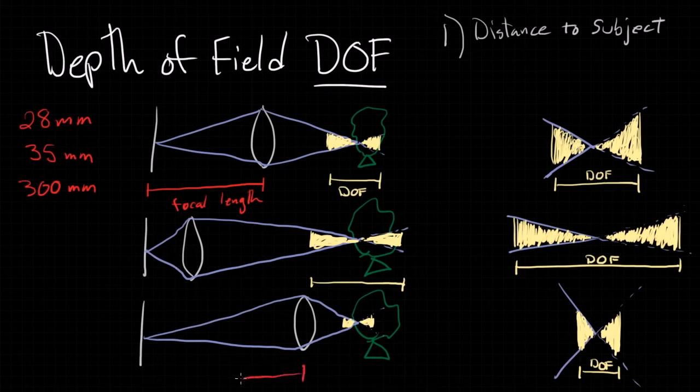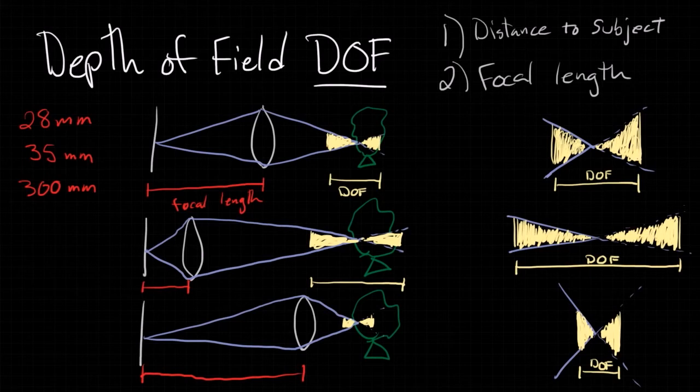So our focal length is nice and long to achieve a shallow depth of field, and nice and short to achieve a wide depth of field. Now again, this is a very exaggerated example of what's going on just so you can see, but this is actually what's happening. So let's list that over here up in our second way we can adjust our depth of field here, which is focal length.